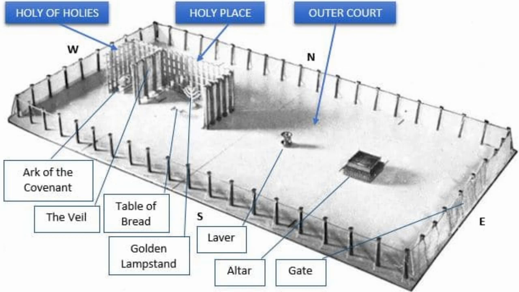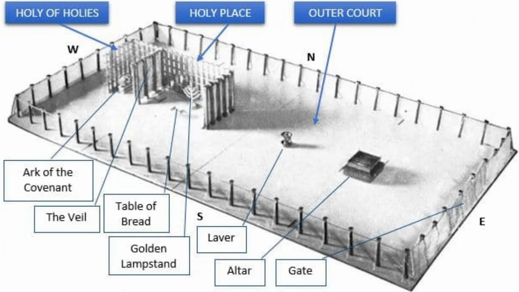So the tent was built, or the temple was built, and inside the temple there was a division, and that division was made of a veil, a very thick curtain. The first division was known as the holy place, the tabernacle of meeting, tabernacle of gathering. There was in it the golden table of shewbread.